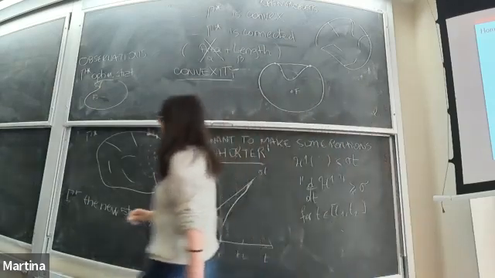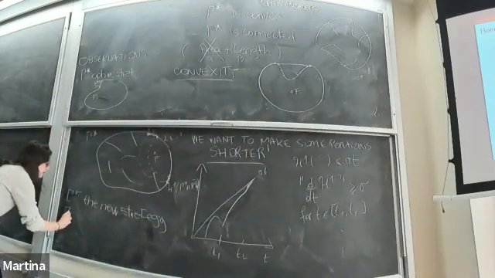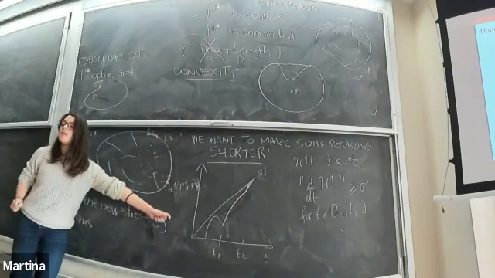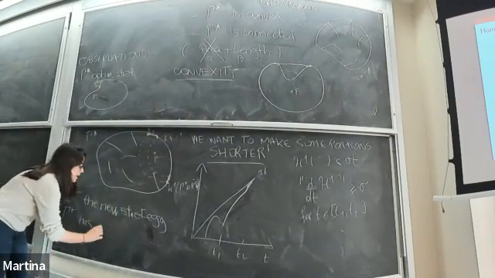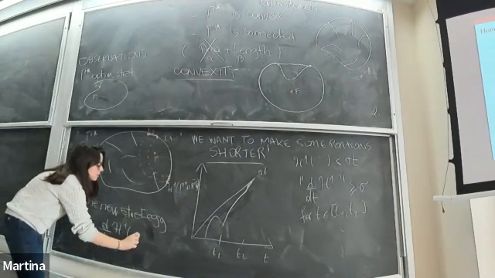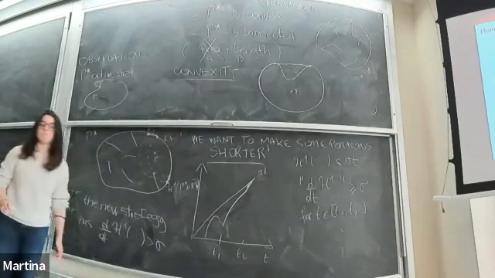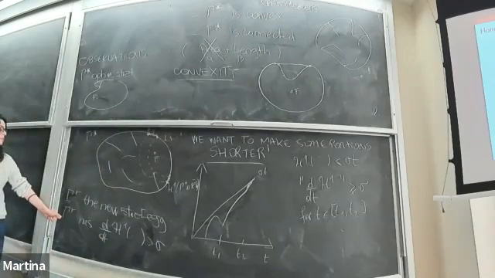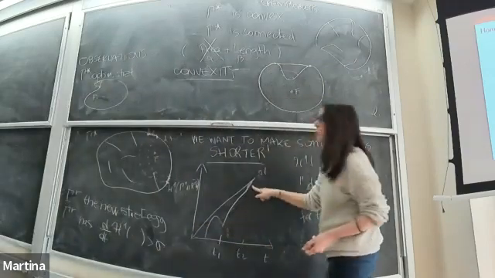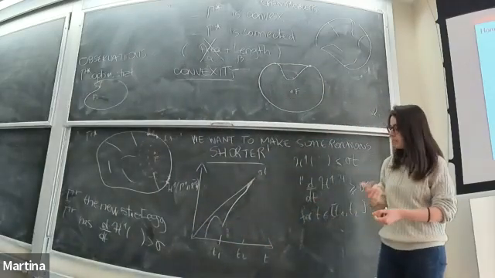And we assume that for gamma R, if we do the same graph for gamma R, this derivative is greater than sigma. So we assume that also gamma R satisfies that the slope has to be greater than sigma.